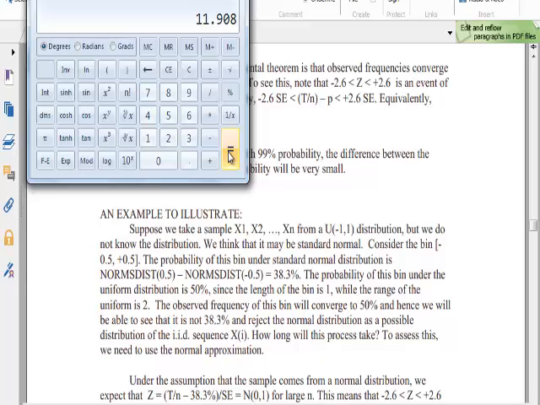Okay, so I know what I need to do. I have 70 plus 12 is 82 and 70 minus 12 is 58. So I can say that the number of cures will be between 58 and 82 with 99% probability, I will be right.